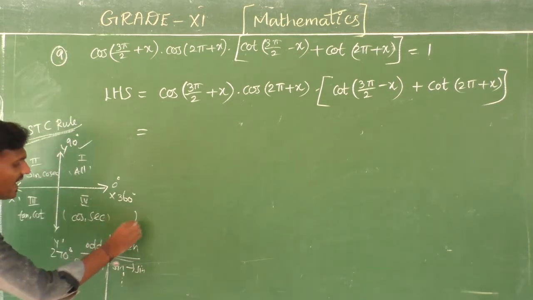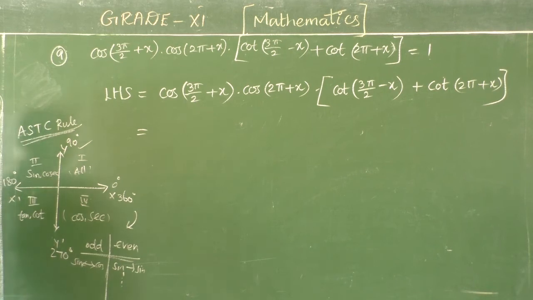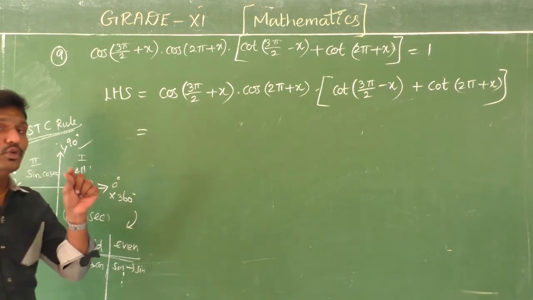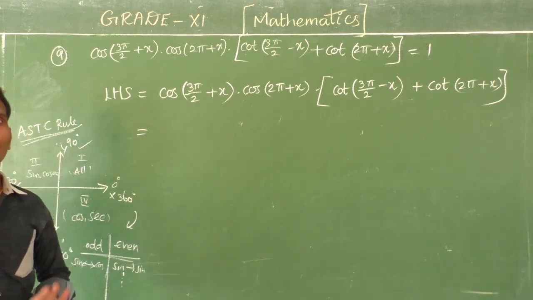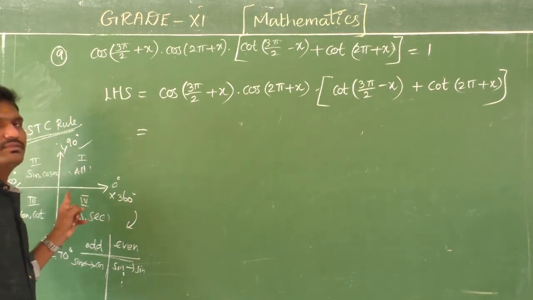If you take the anticlockwise direction, this is 0 degree, this is minus 90, minus 180, minus 270 and coming to 360. So that also you have to consider. These concepts you must know thoroughly to move the sums, otherwise we can't move even a single step. So my students, be prepared in this.